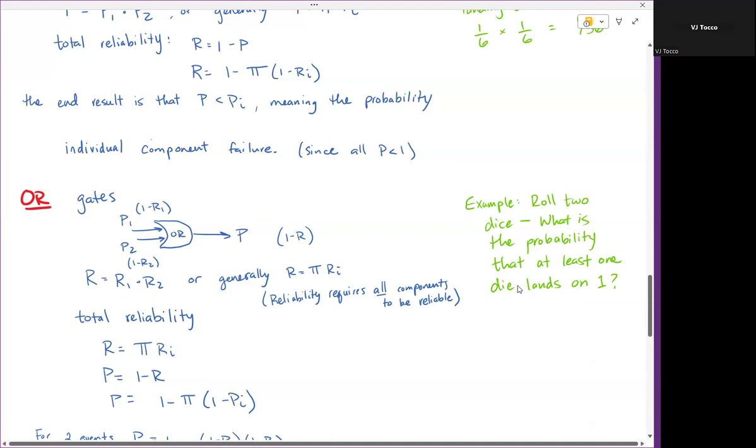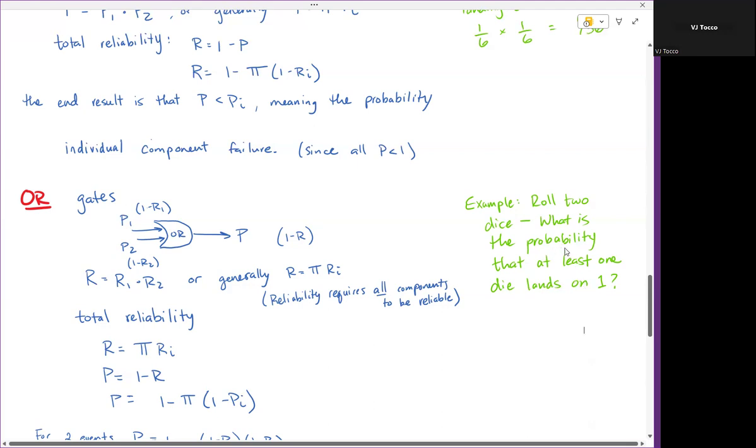What you have to do is take the complement, and then run the complements as an AND gate. So how I like to think about this dice roll example is you can flip the question around. The probability that you don't get a 1 is 5 over 6. So instead of asking what is the probability that at least one die lands on a 1, you would ask what is the probability that neither die shows a 1?